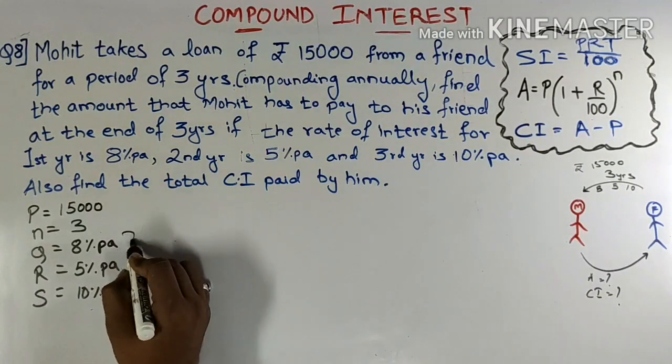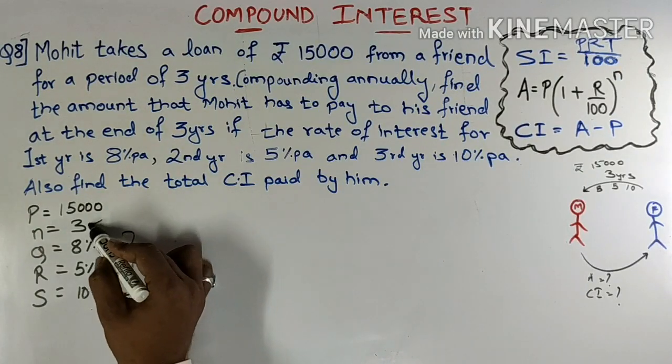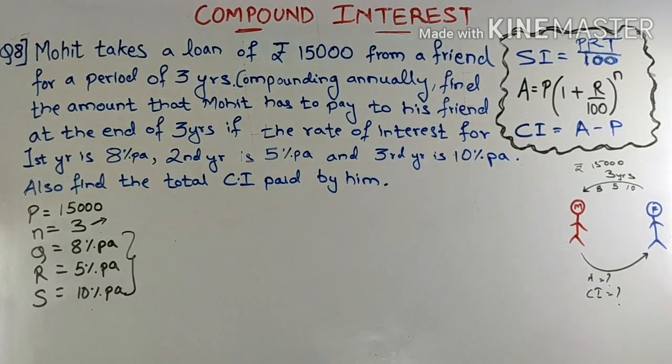So here we have 3 different rates of interest for 3 separate years, first year, second year and third year. Now remember this formula.